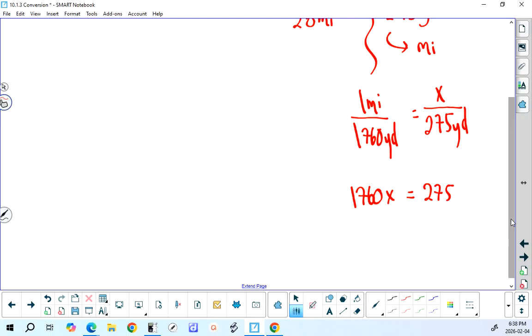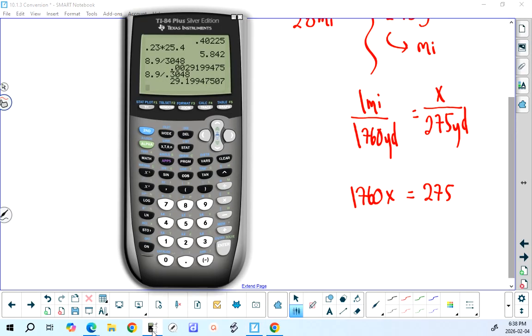So X will be 275 over 1760, which is 0.15625 miles.